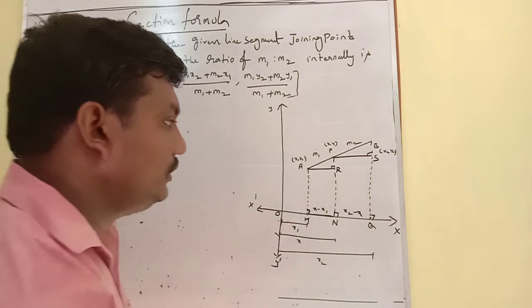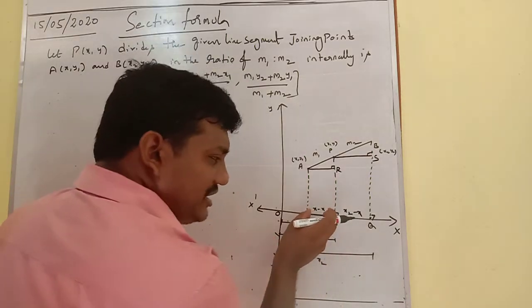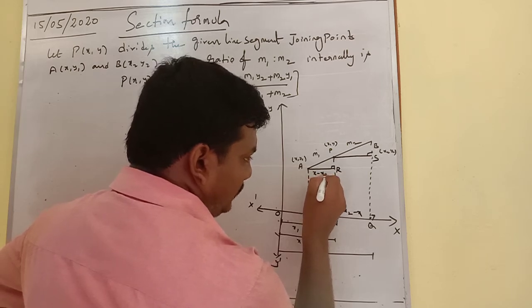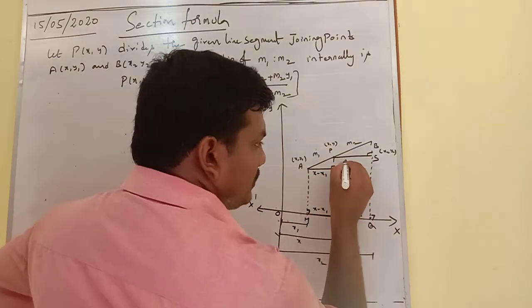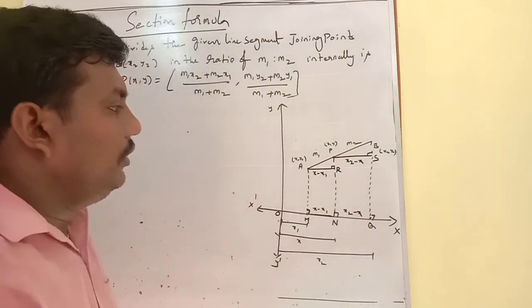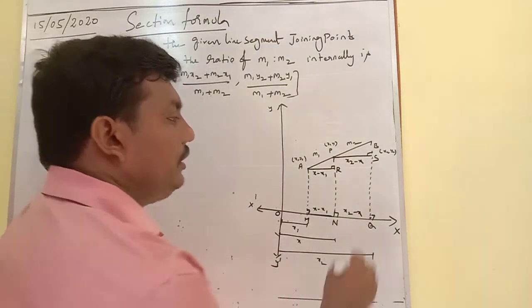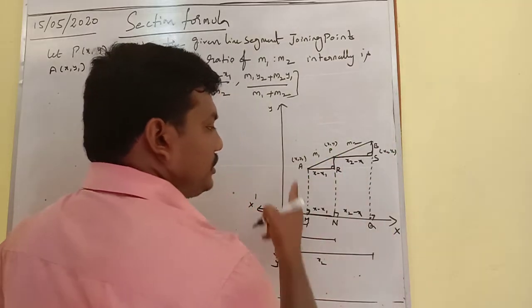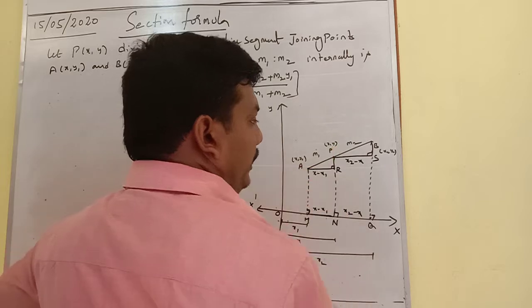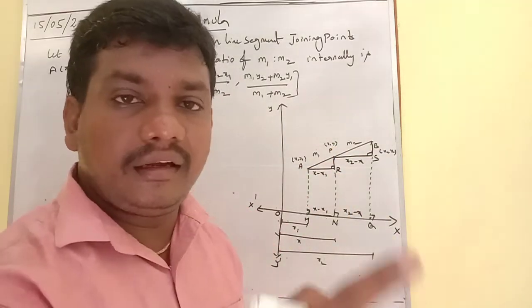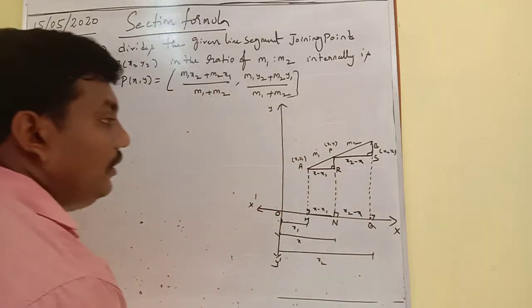So this x minus x1 distance is equal to this x minus x1 distance, and this x2 minus x distance is equal to this x2 minus x distance. Now we confirmed that there are two right angle triangles: ARP right angle triangle and PSB right angle triangle.